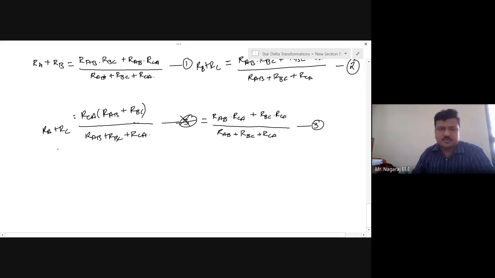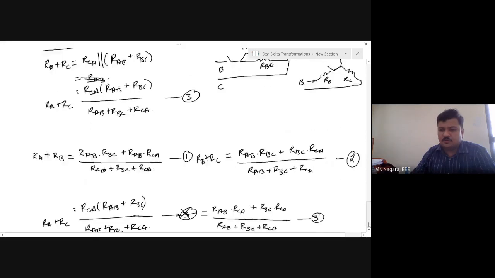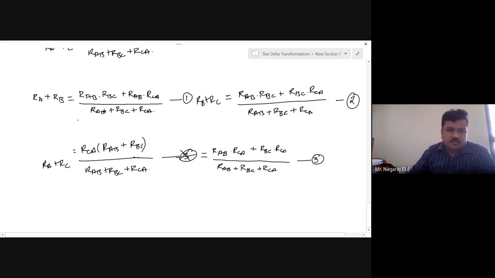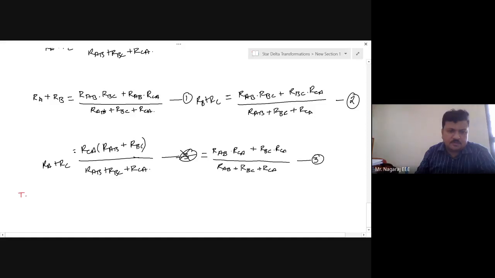I take equation 1 minus equation 2 because I want the equivalent values in terms of RA, RB and RC. So subtract equation 2 from equation 1.